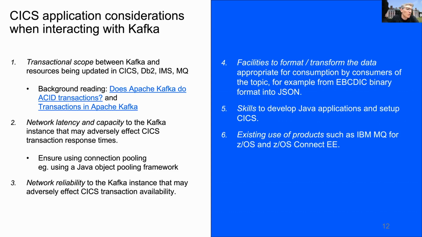For example, if you have a CICS application partway through running, with some uncommitted resource updates, you write to a Kafka topic, and then you carry on doing some more updates, and then you append. There's no transactional processing that happens between the CICS resource updates and the information that you've written to Kafka.